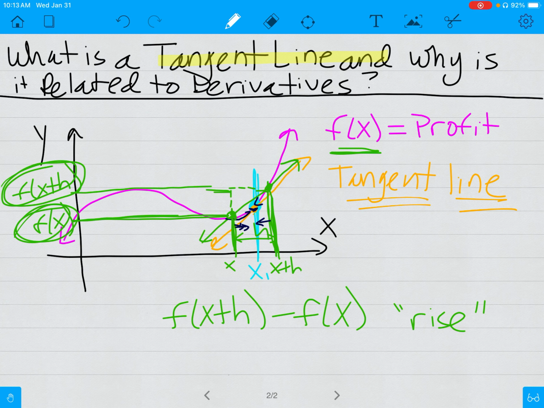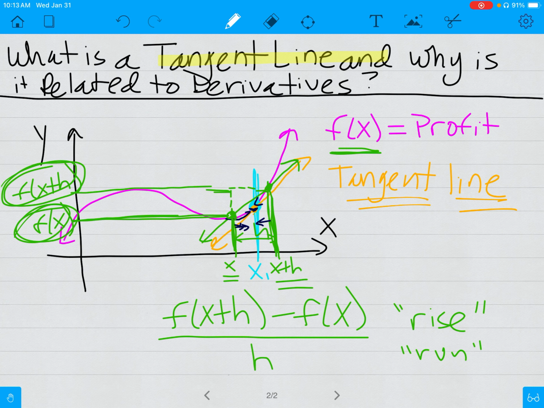Then if we look at the change in x, or the run part of slope, how do we figure that out? Well, I started at a value of x. I went to x plus h. How many units did I move over on the x-axis? Well, I moved h units over.